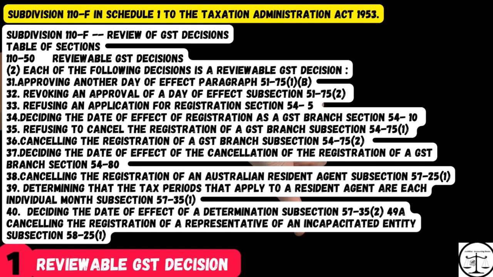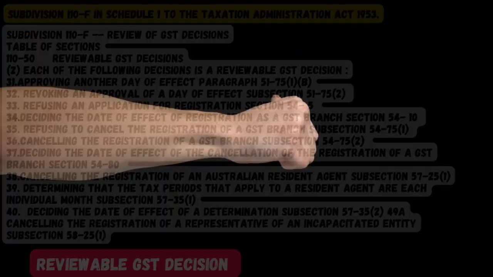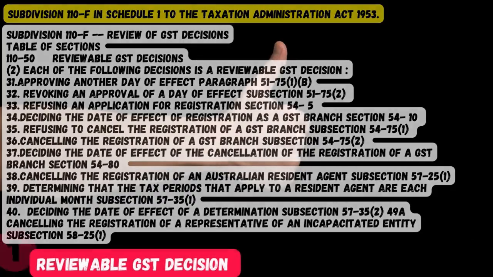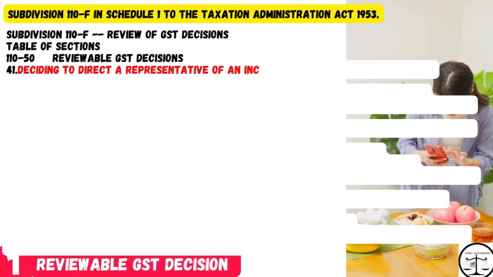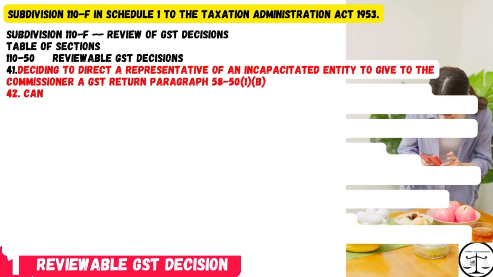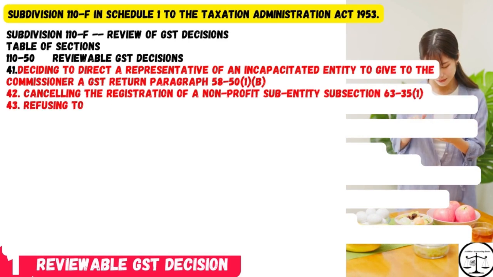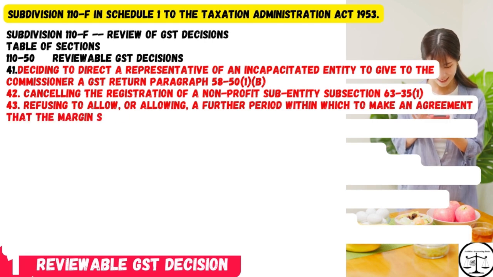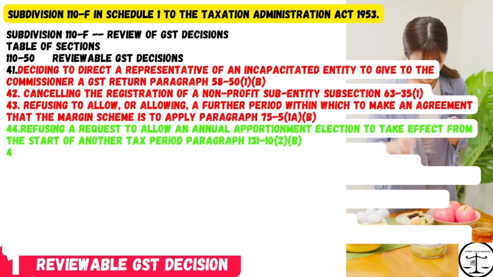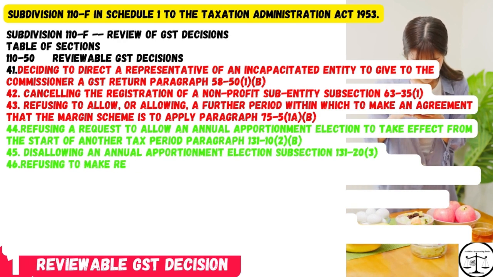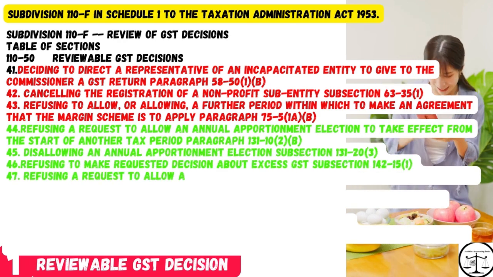Cancelling the registration of a representative of an incapacitated entity, subsection 58-25(1). 41. Deciding to direct a representative of an incapacitated entity to give to the Commissioner a GST return, paragraph 58-50(1)(b). 42. Cancelling the registration of a non-profit sub-entity, subsection 63-35(1).